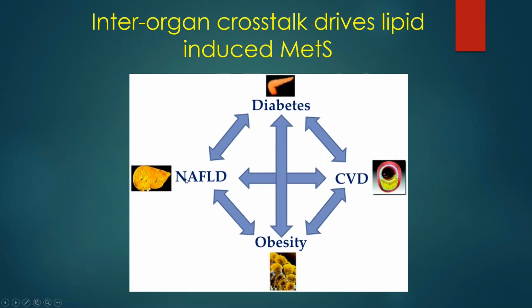NAFLD is one of the most recent of these, and it is called non-alcoholic because most of the patients who have fatty liver nowadays do not have a prior history of high alcohol intake. So the terminology itself is now being changed into MAFLD, metabolic associated fatty liver disease. So it's now considered a part of this metabolic syndrome.